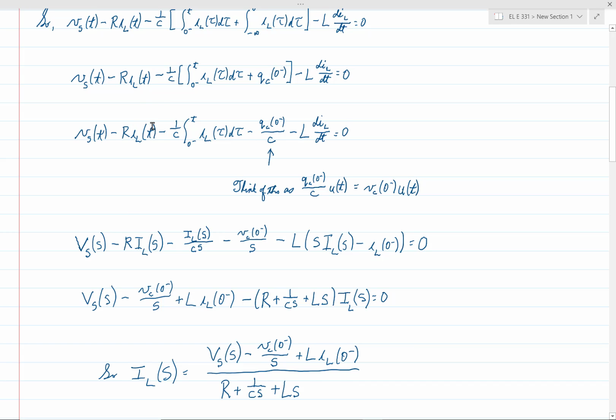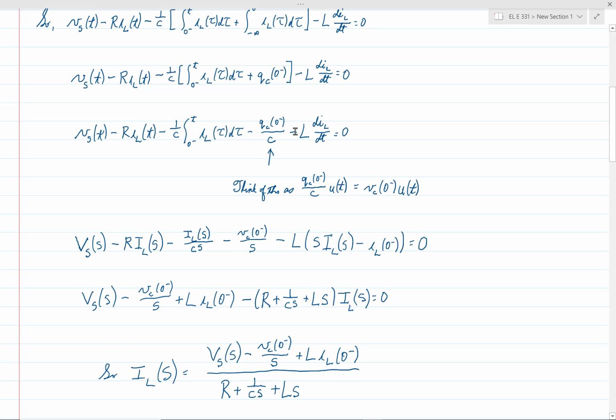But the Laplace transform of IL of t will be capital IL of s, and then here we'll have minus 1 over c, and the Laplace transform of the integral from 0 minus to t of IL of tau d tau is IL of s over s. And since this term is Vc of 0 minus times u of t, and the Laplace transform of u of t is 1 over s, this just becomes minus Vc of 0 minus over s.